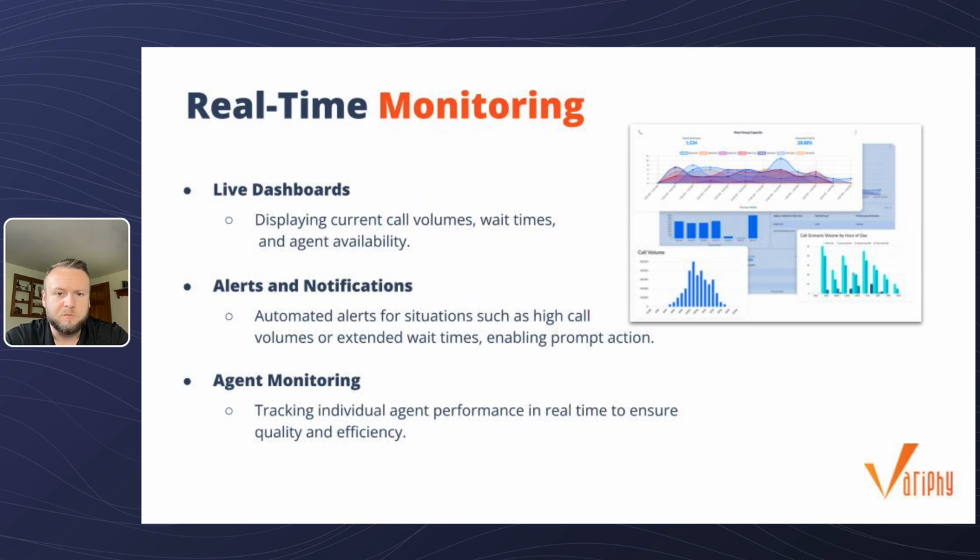Those agent status widgets on these dashboards are going to be huge, right? Because they're going to let you know all about the agent status and how long they've been in those particular states. Identifying if somebody's been out to lunch for 2 hours, or if there's an agent that's been on the phone with a customer for an extremely long time.